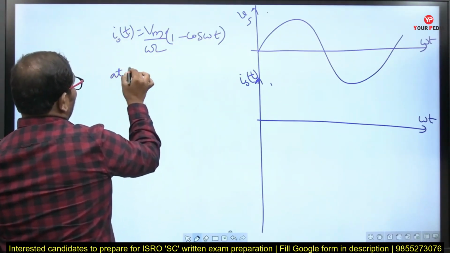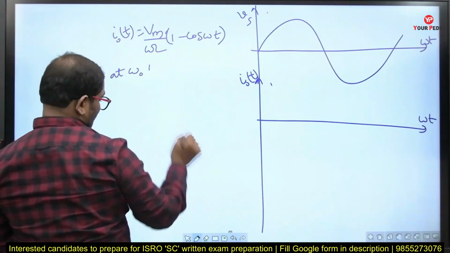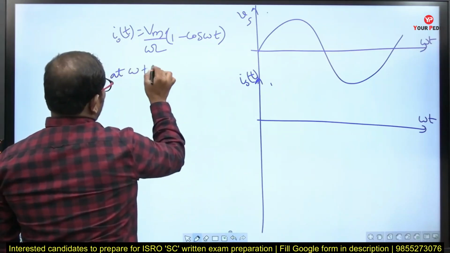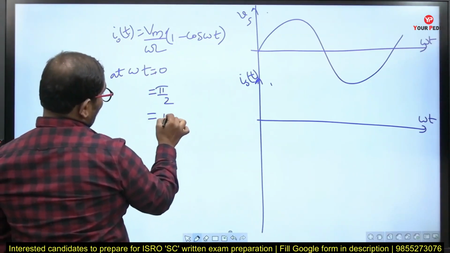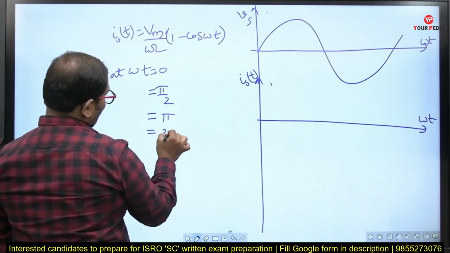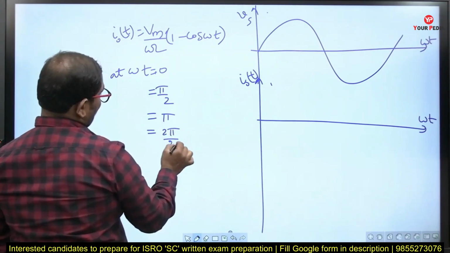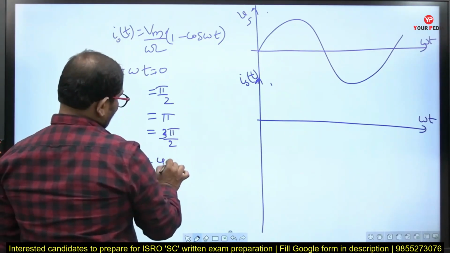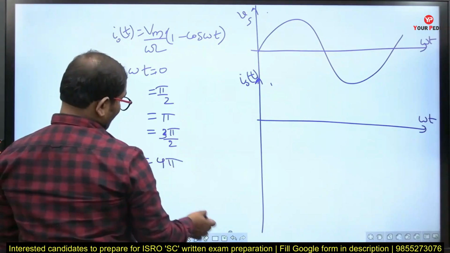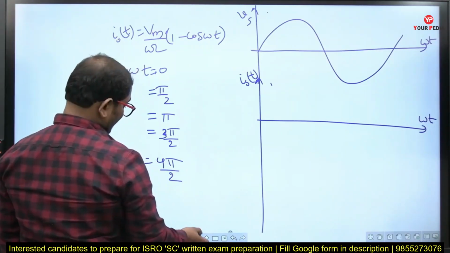So at omega t equal to 0, this is the first condition: pi by 2, pi, 3 pi by 2, 2 pi.